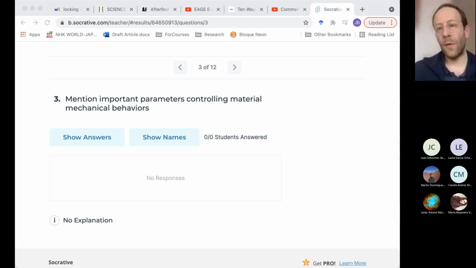All right. So I think you mentioned the principal ones in the course. You also have the magnitude of the applied stress or force on the material, which would be the last one, basically. And this will also change your mechanical behavior.